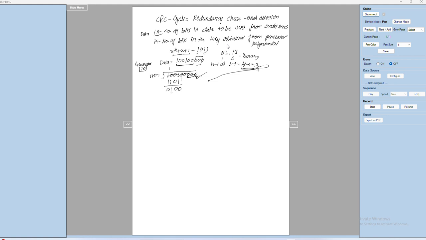So next, take a next value 0 1, 1 1 0 1, 1 0 1 0, 1, 0, 1 1 0 1. Here we are performing XOR operation 0 1 1 1 0 0 0 1.